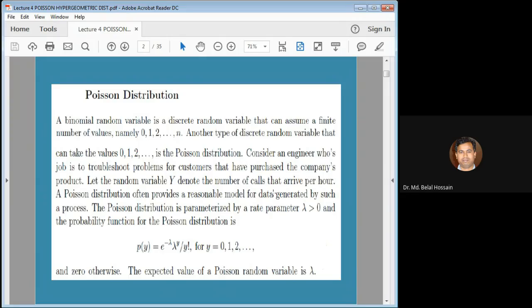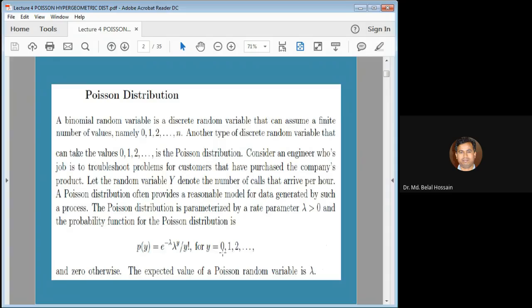variables. In a time interval, they are considering the instantaneous potential events. For example, a random variable y denotes the number of calls that arrive per hour. That is, the number of calls a call center receives in one hour.